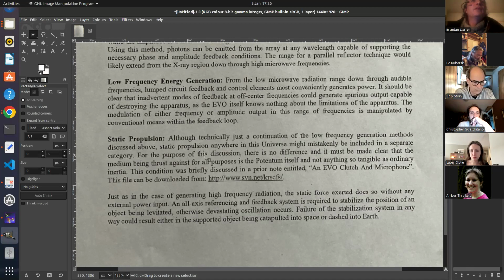For the purpose of this discussion, there is no difference, and it must be made clear that the medium being thrust against for all purposes is the potentum itself, and not anything so tangible as ordinary inertia. This condition was briefly discussed in a prior note titled An EVO Clutch and Microphone.